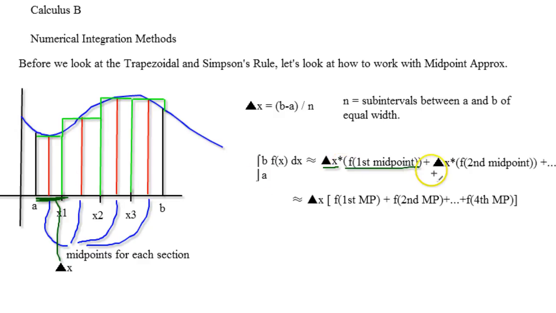Then we add that to the next one, which has the same width because they're all uniform, remember, subintervals between a and b of equal width. Each one of these has a delta x, so we could factor out a delta x and say delta x times the sum of the function of the first midpoint plus the function of the second midpoint plus the function of the third plus the function of the fourth. You would get the approximation. So that's how the midpoint works.